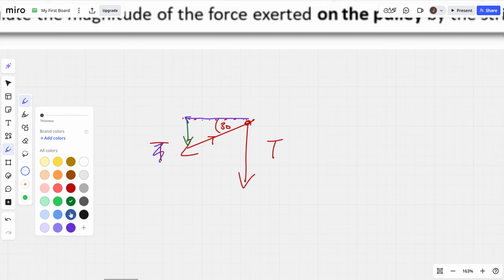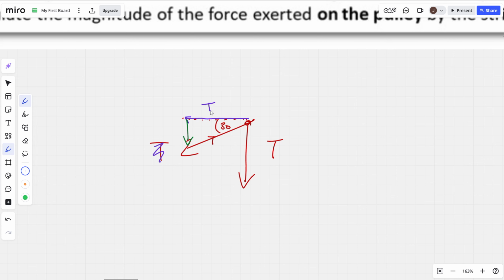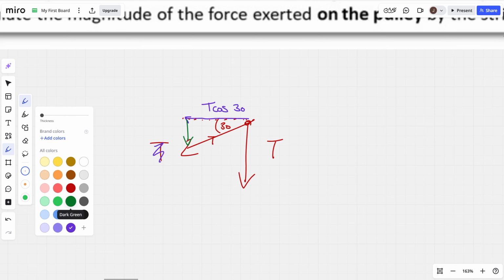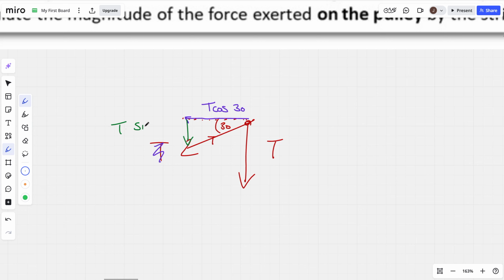So what's this side going to be called? Well, this is going to be T cos 30. And then the green one is going to be T sin 30. Yeah? So what's going on vertically here? Well, what's going on vertically is it's T down and T sin 30 down. So it's T + T sin 30. There is no other force going on here, all right?